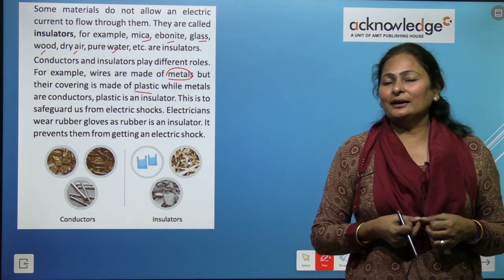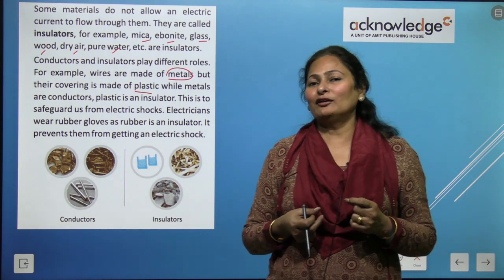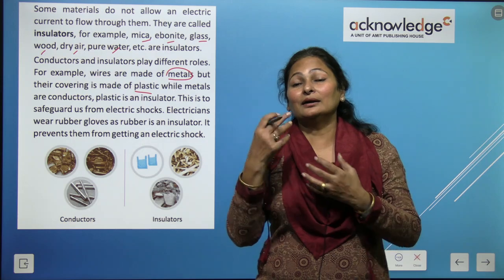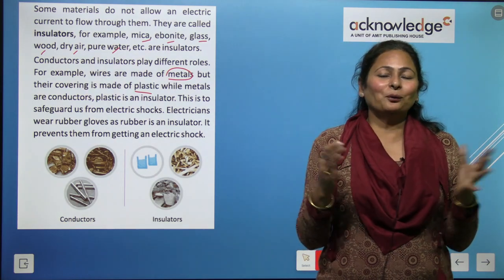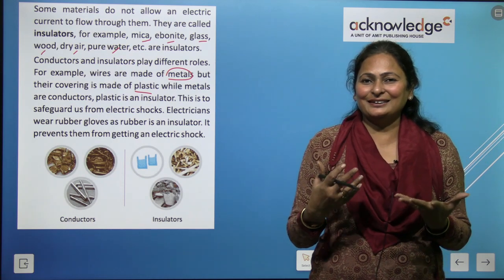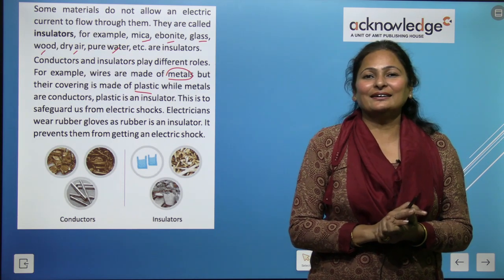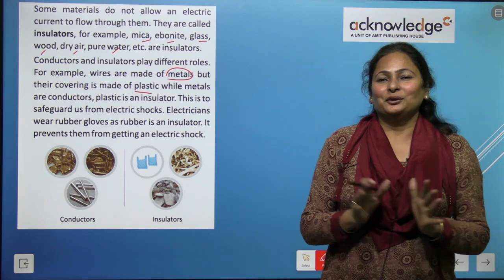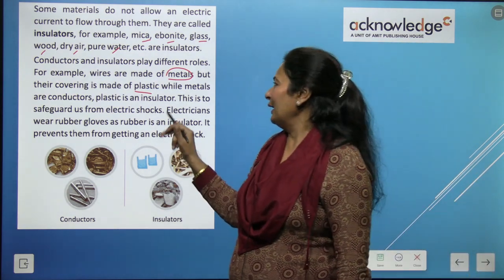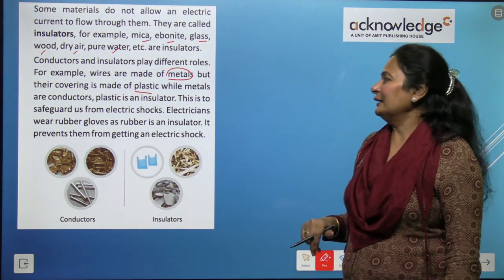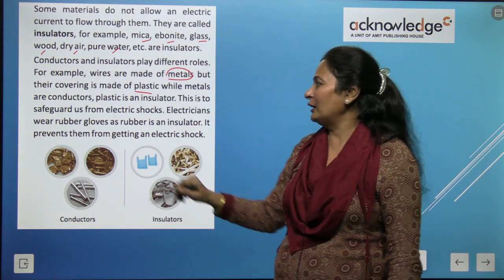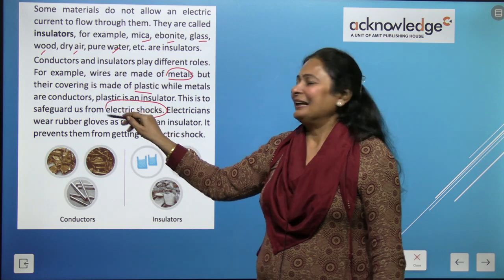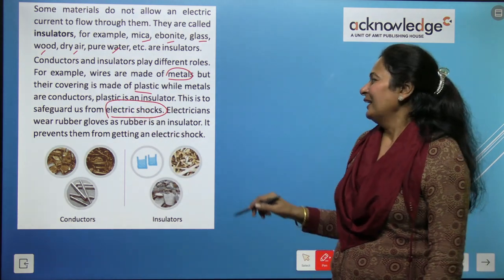If the insulator is not covering the metal conductors and you touch it, we are again conductors of electricity, and you can understand what will happen to us. So while metals are conductors, plastic is an insulator. This is to safeguard us from electric shocks.